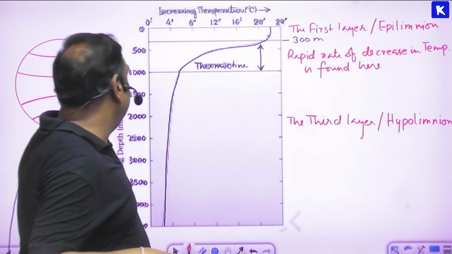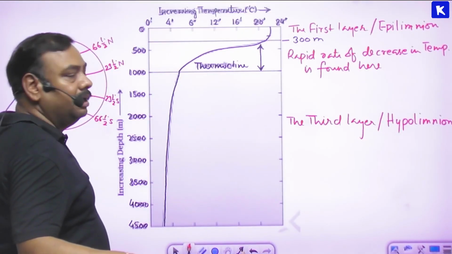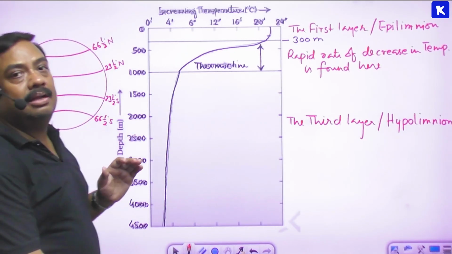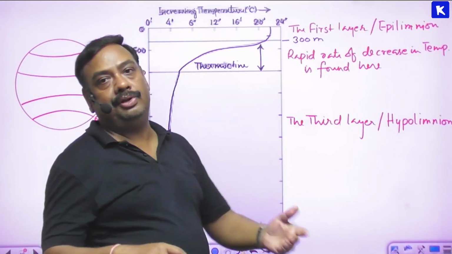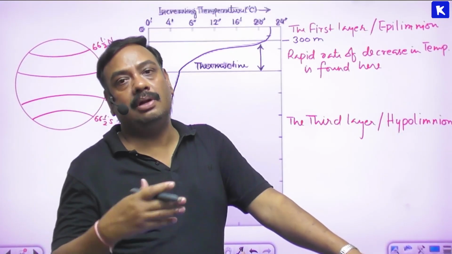Since this zone comes in the middle of the polar region and the tropical region, this region can be said to be the mid-latitudinal region.